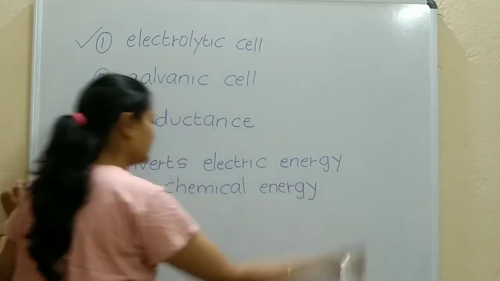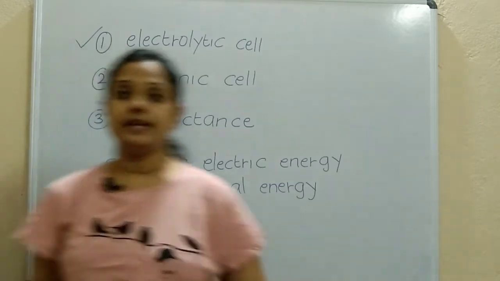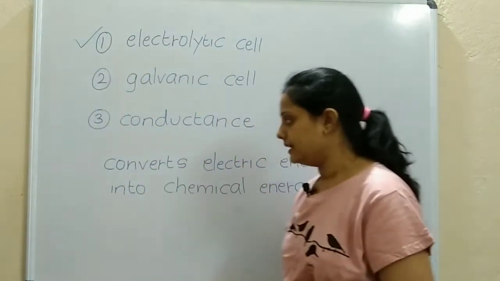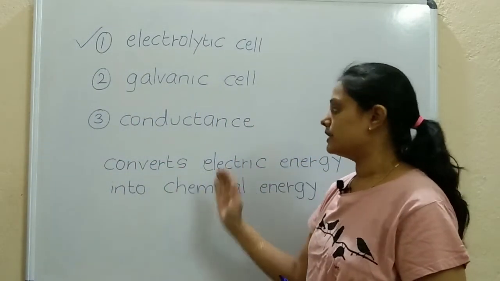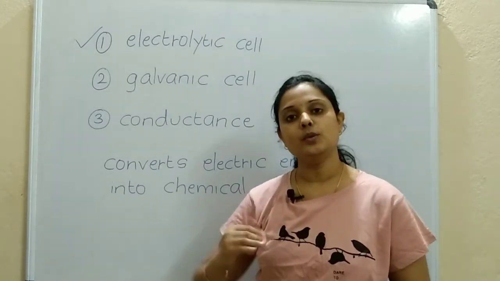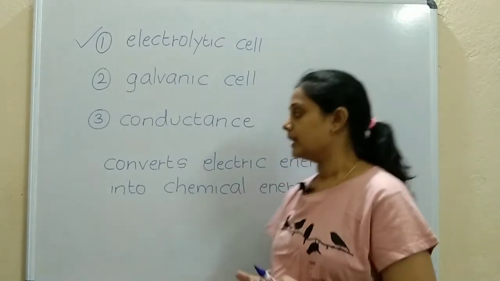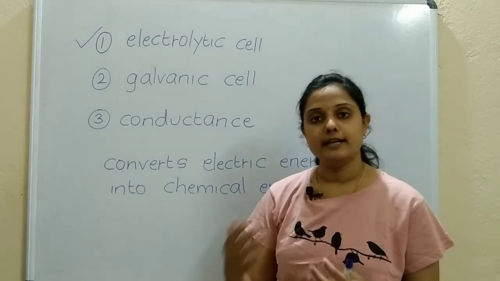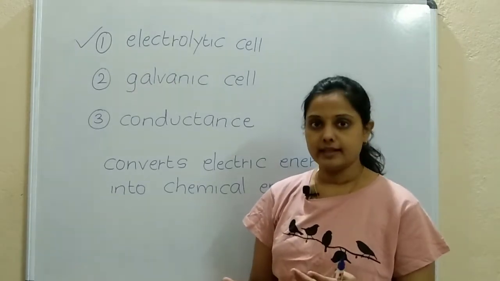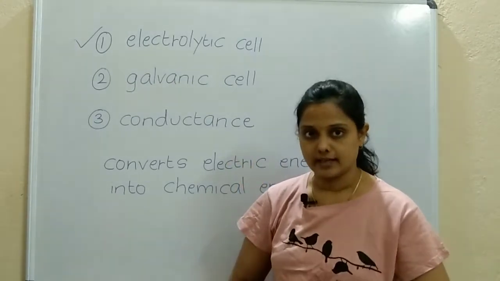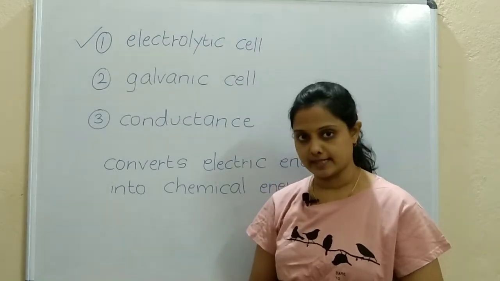So first we are starting with the electrolytic cell. It is a cell in which conversion of electric energy into chemical energy takes place. That means we are providing electric current, right? And with the help of that electric current, a chemical reaction takes place.